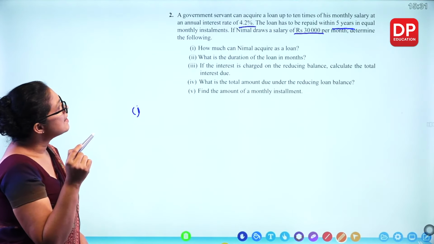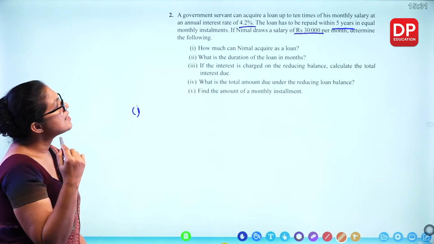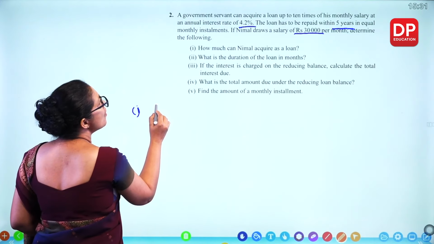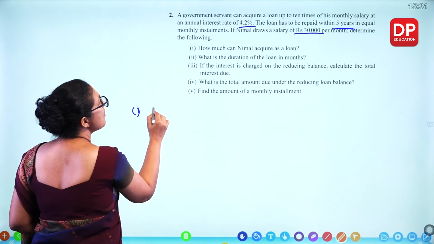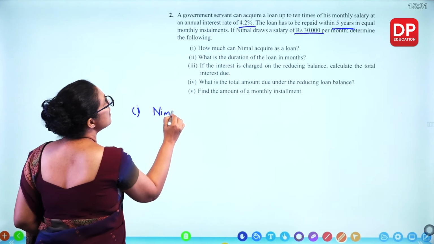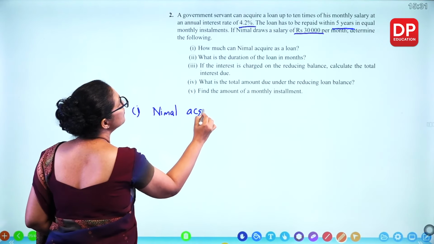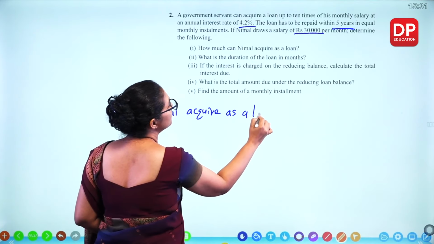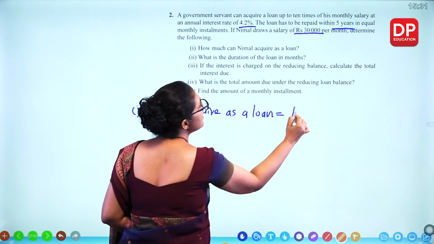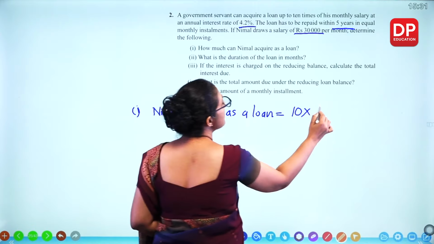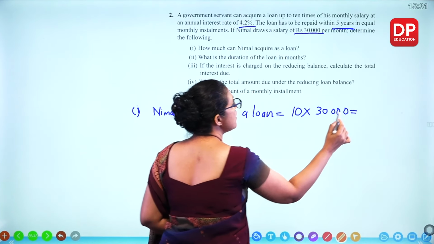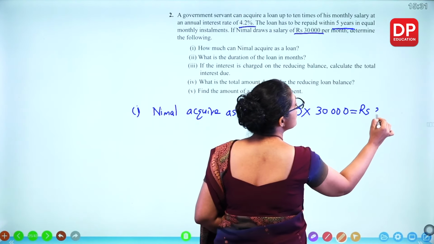So it says he can take 10 times his monthly salary. Monthly salary is 30,000. So 300,000 rupees.